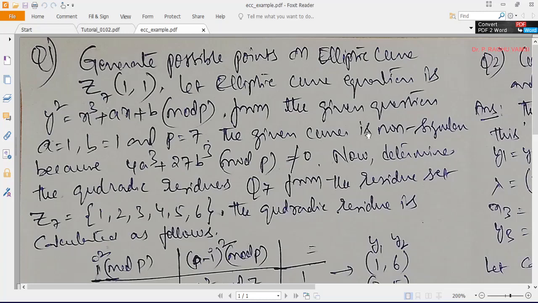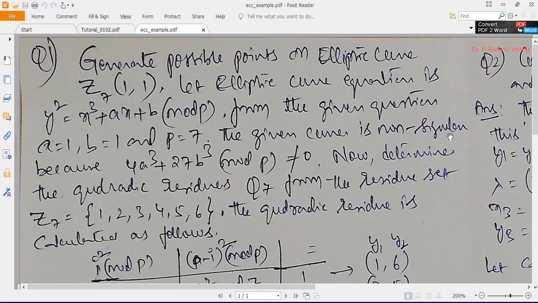The given curve is non-singular, because we always consider non-singular elliptic curves; in the theory also it was mentioned that we have to consider only non-singular elliptic curves.